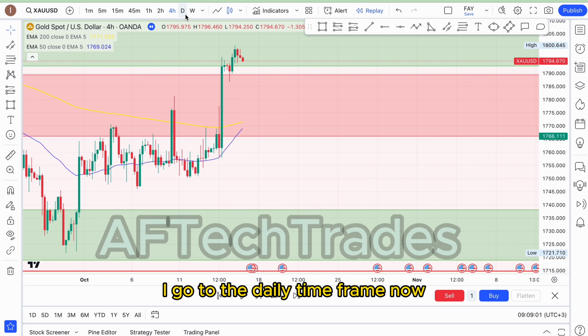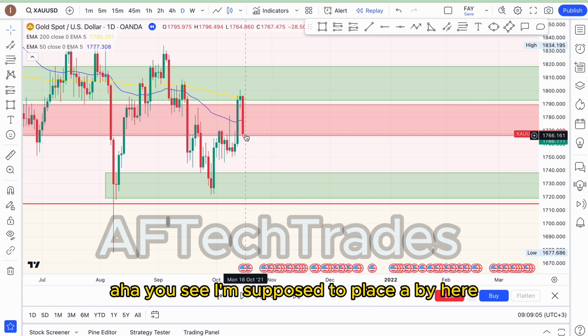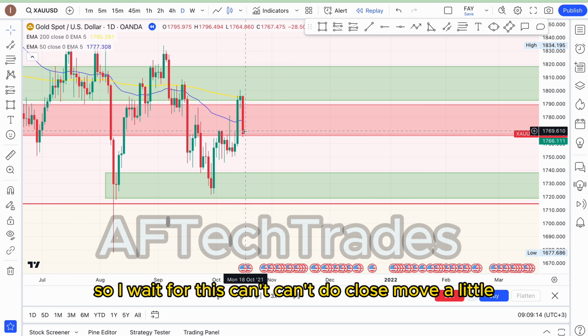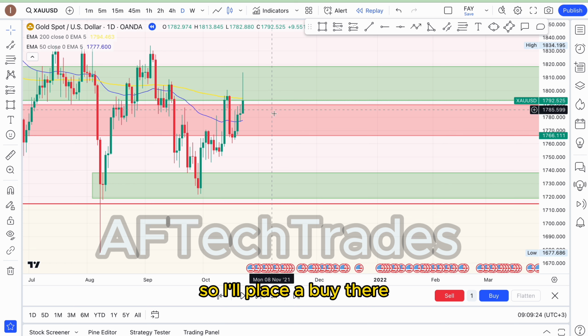Go to the daily time frame now. You see, I'm supposed to place a buy here within this region. So I will wait for this candle to close. Yes, so I'll do my buy after this candle. So I'll place a buy there.